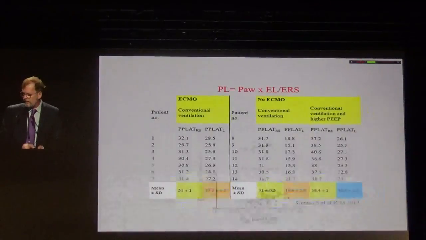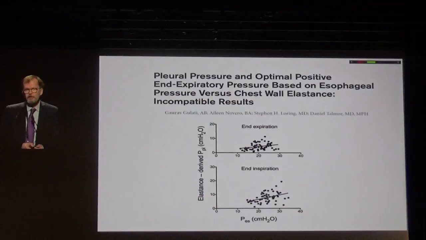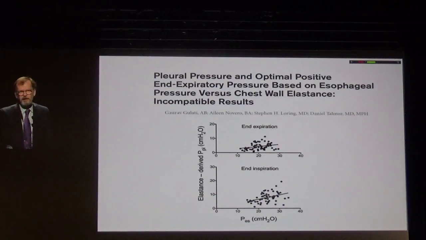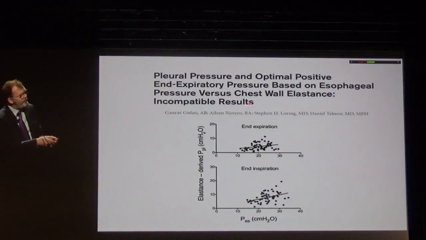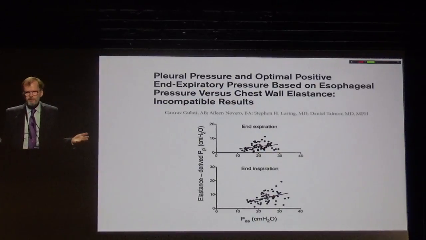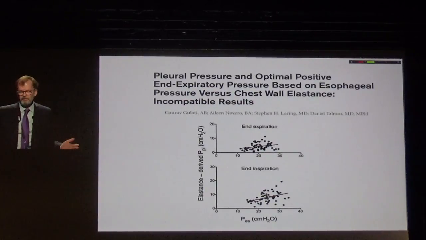However, taking the absolute value or taking the elastance ratio to calculate the pressure in the lung does not give the same values. And in fact, you have these kinds of fights, which I described, between groups saying we are describing incompatible results, which of course put everyone in a big confusion.